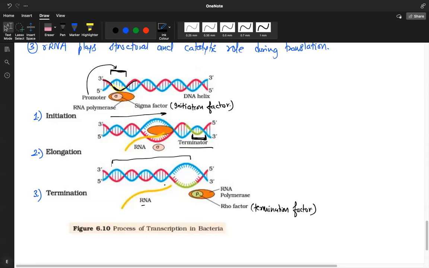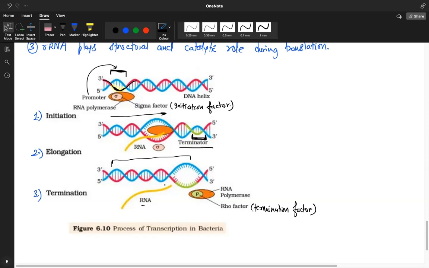Transiently with initiation factor, also known as sigma factor. Is it clear? Done, everyone? Next point.